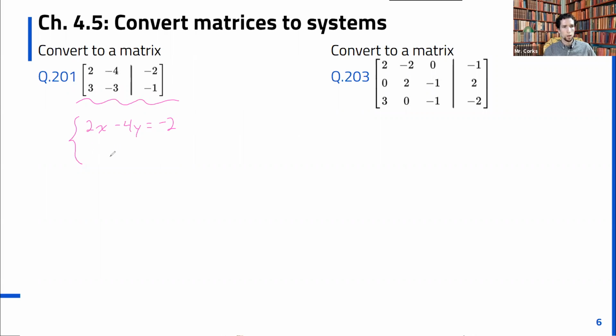And then our second line? 3x minus 3y equals -1. Okay. For our variables, why did you choose to use x and y here? Just because we always use them.